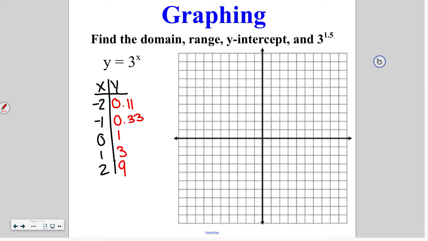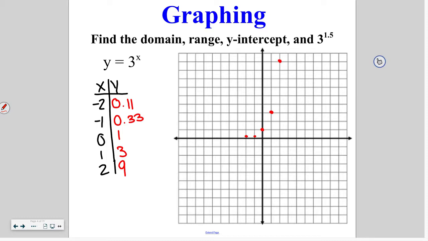We're going to go ahead and put this on the graph now. So I've got negative 2 at 0.1, negative 1 at 0.3, 0 at 1, 1 at 3, and 2 at 9. When we graph this function, if I continued, for example, and plugged in negative 3, I'm going to get an answer of 0.04 after rounding.